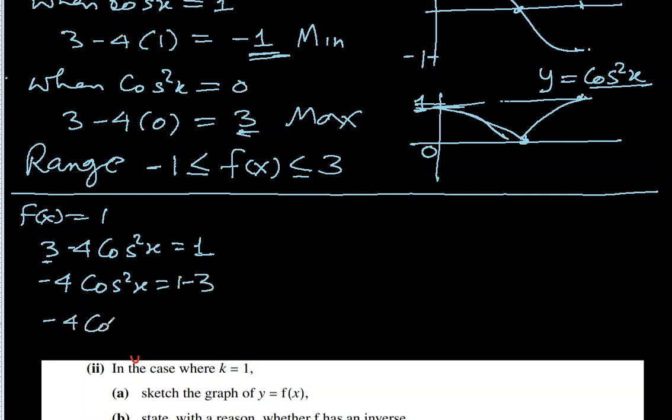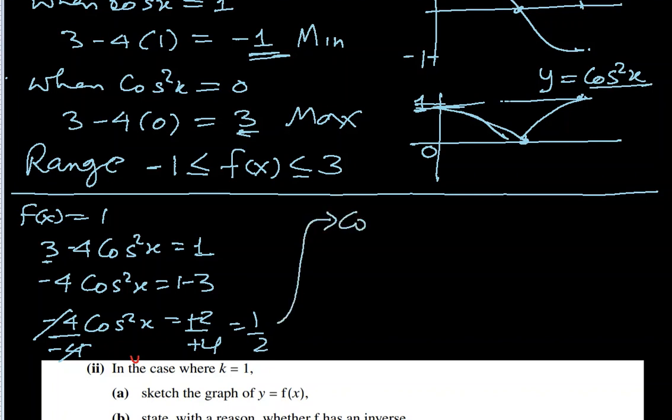Minus 4 cos square x equal to minus 2. Divide both sides by minus 4. This cancels out and we are left with half, which means cos x will be, taking square root both sides, plus minus 1 over square root 2.